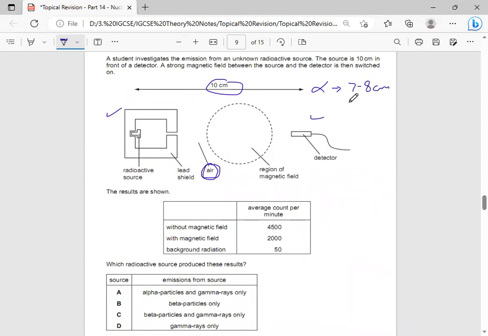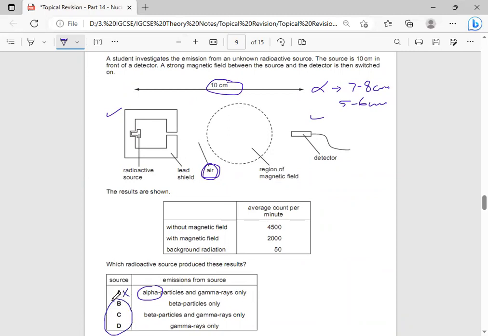In some books it is written as 5 to 6 centimeter as well. So definitely at a distance of 10 centimeter between radioactive source and detector, alpha particles are absent. So option A cannot be possible.